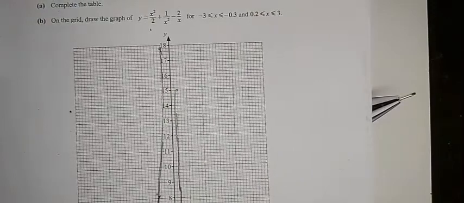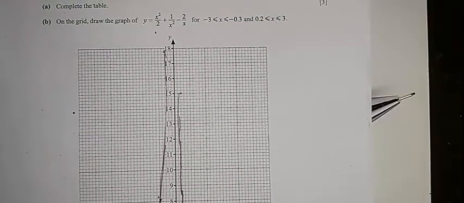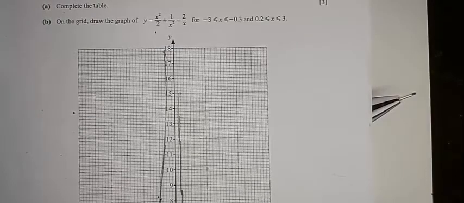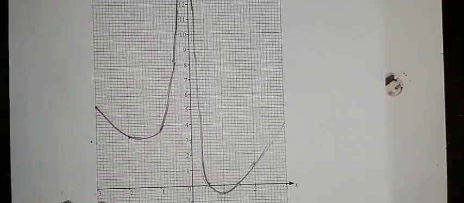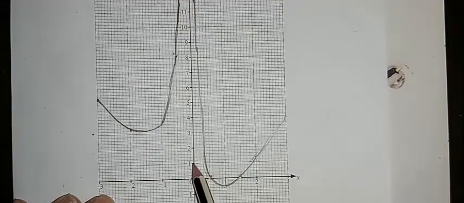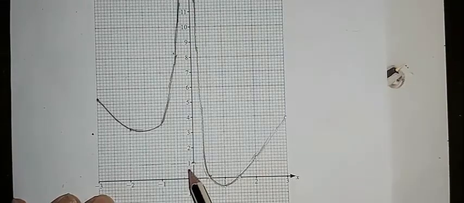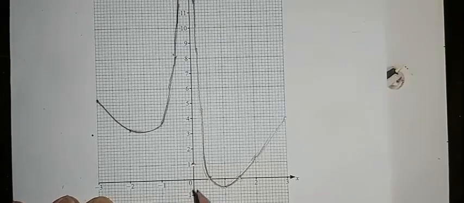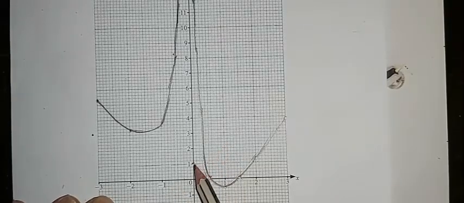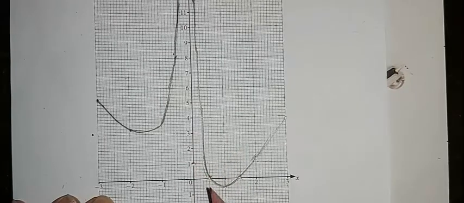3x plus 1, okay. 3x plus 1 is a straight line with gradient 3 and y-intercept 1, okay. So we can go here and make a point on 0, 1, because the line will intersect the y-axis at this point 0 and 1, okay.